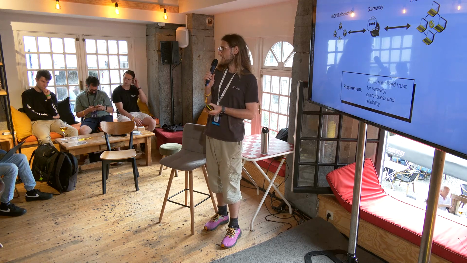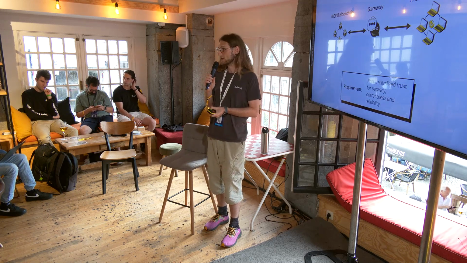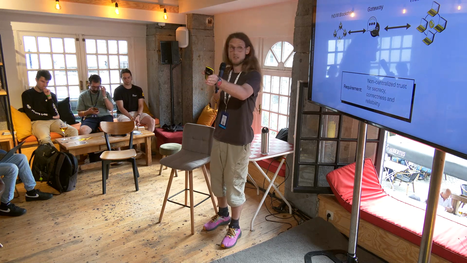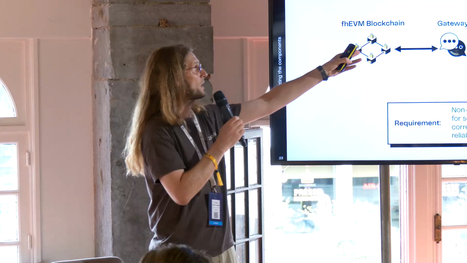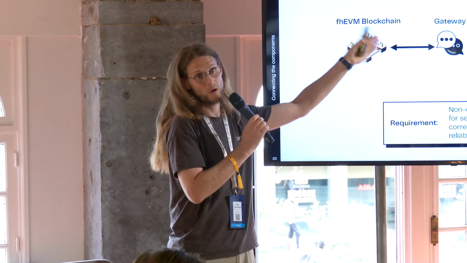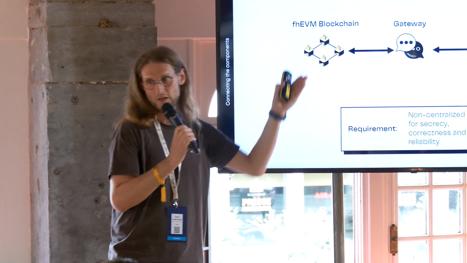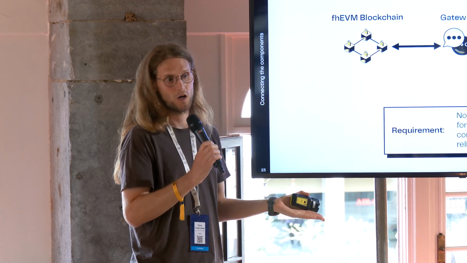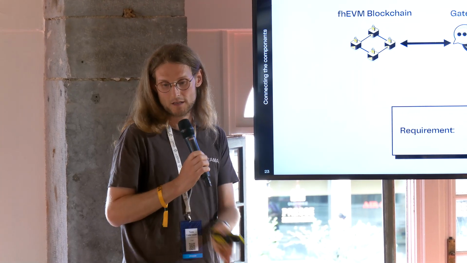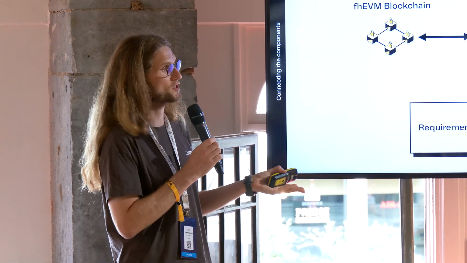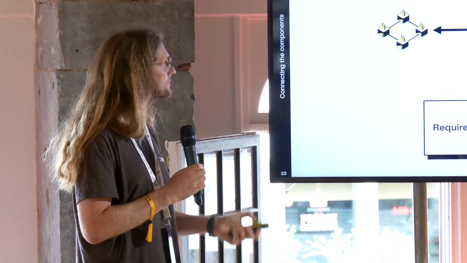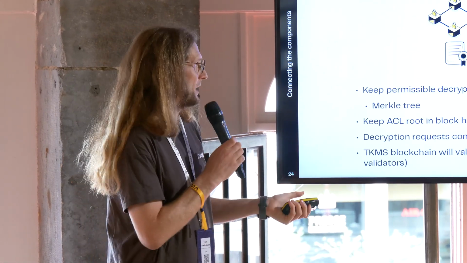Everything that is happening is validated through signatures and trust based on what's happening on the MPC servers. So this gateway is just relaying information. Anyone would be able to launch one of these, and the trust comes from the cryptography applied on either side. So yeah, you can have more.